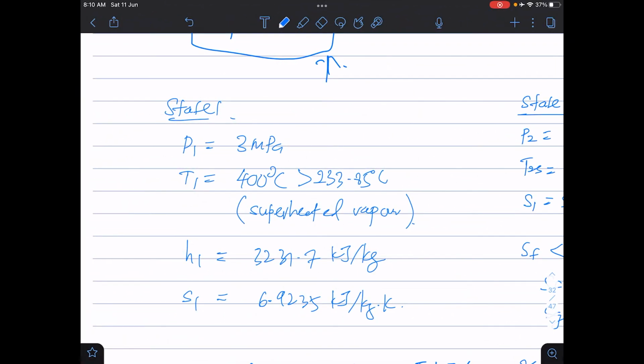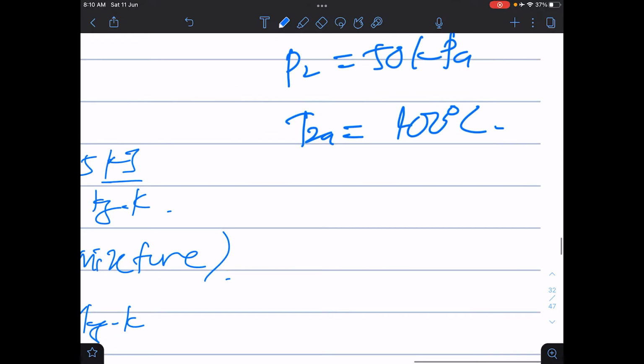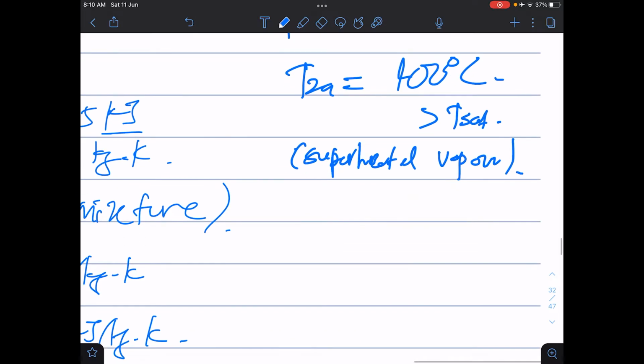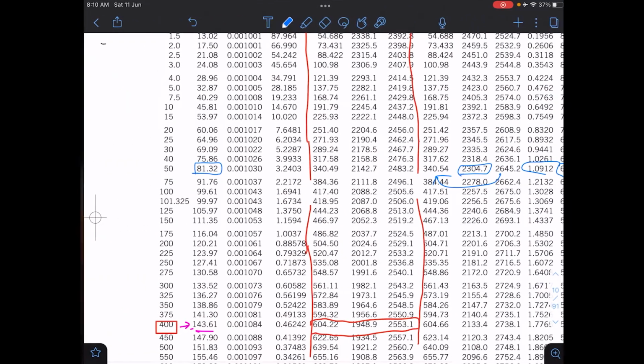Our temperature is 100 degrees Celsius, which is higher than T sat, so this is a superheated vapor. We need to move to table A6 and find H2a at 50 kPa and 100 degrees Celsius.